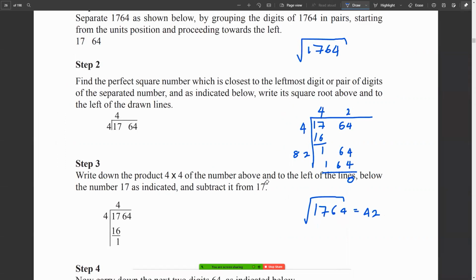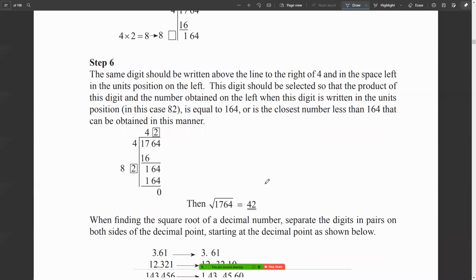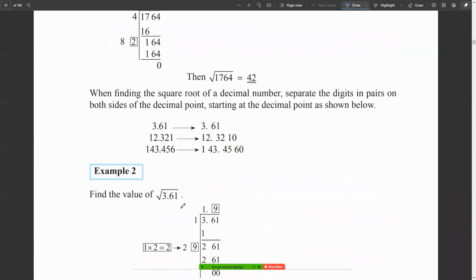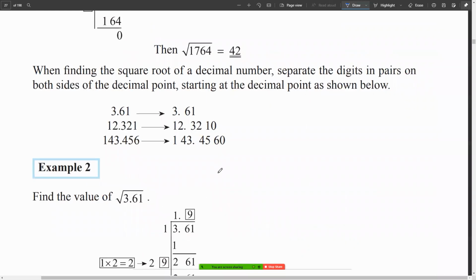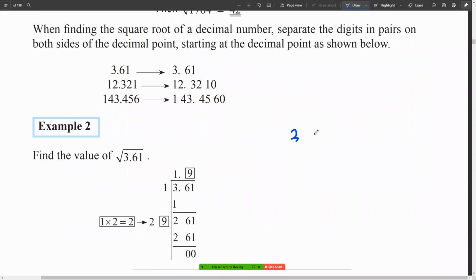Then let's see in the next one, what if you have a decimal value. Now in here the value is 3.61. Then the next rule in here is, if you get a value with a decimal point, let's take as 102.6978.